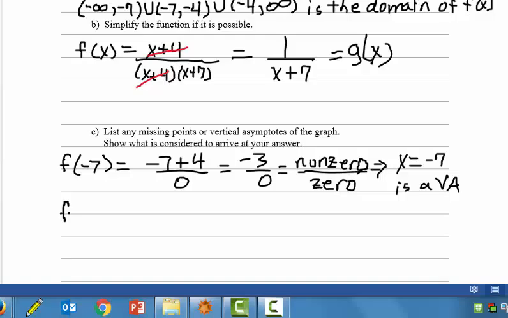The other number that made the denominator 0 was negative 4, so we'll evaluate the function at x equals negative 4. So we get in the numerator negative 4 plus 4, and we know negative 4 makes the denominator 0. So we wind up with 0 over 0.